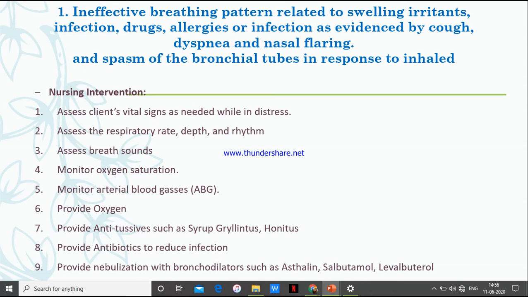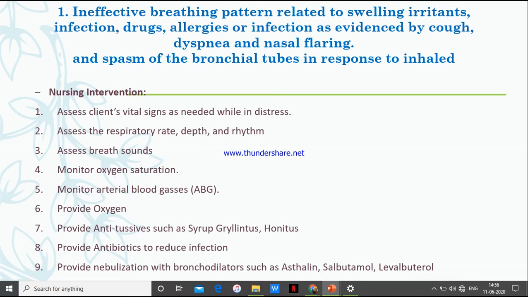So first is the ineffective breathing pattern related to swelling and spasm of the bronchial tubes in response to inhaled irritants, infection, drugs, allergies, as evidenced by cough, dyspnea and nasal flaring. So what is the intervention is, first we have to assess the client's vital signs when they are in distress.